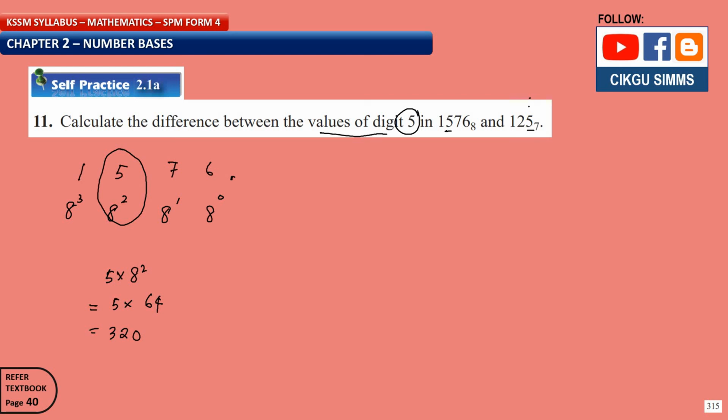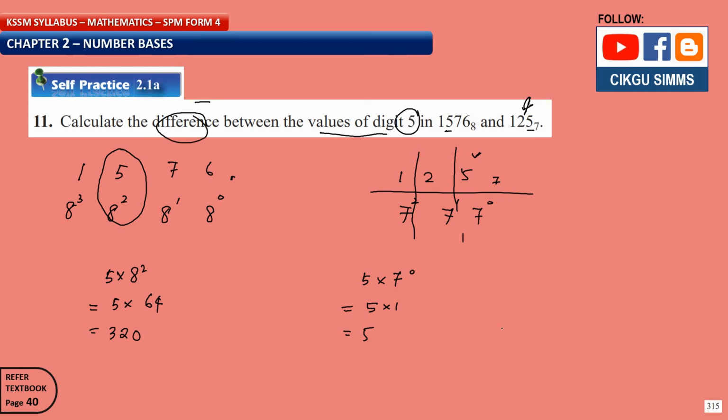And then I am finding the second one, 125 base 7, 0, 1, 2. You need to align them, or you put lines. So 5 is 5 times 7 to the power of 0. This is 5 times 1, which is 5. And then I'm finding the difference, which is the minus. So the difference would be 320 minus 5 is 315.